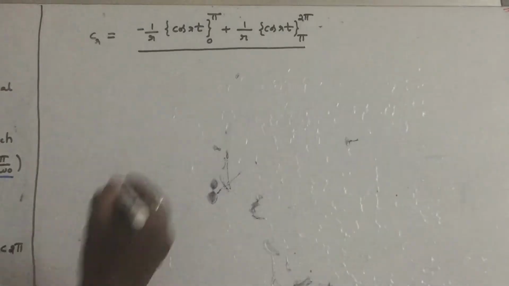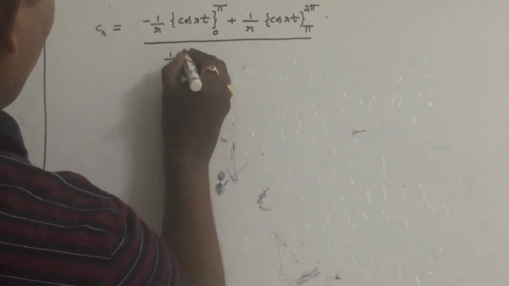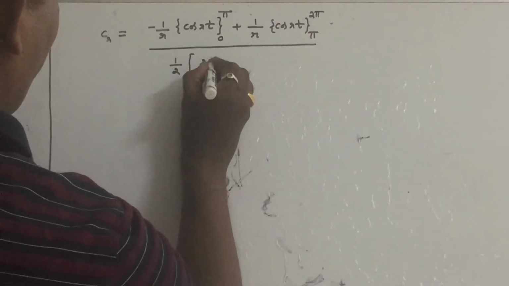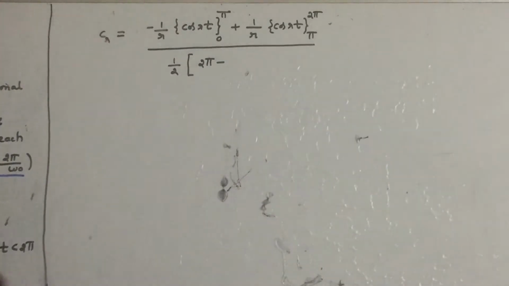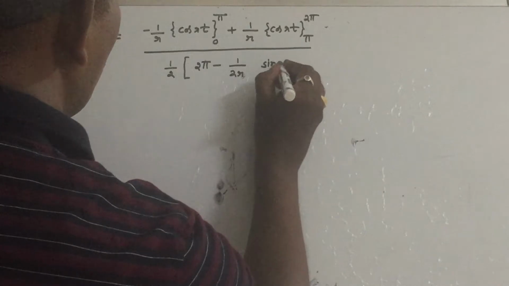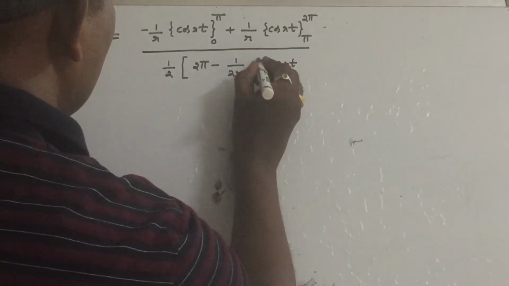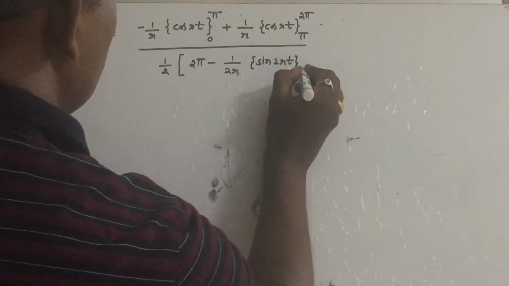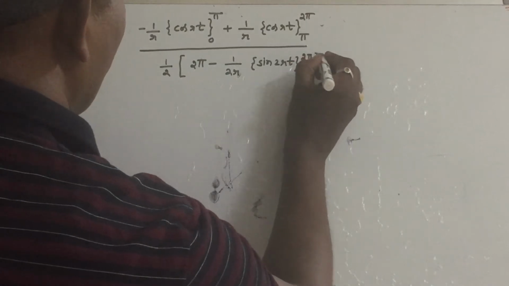The denominator is 1 by 2 into, the first integration answer is 2 pi, the second integration answer is 1 by 2r into sin 2rt, the limits are 0 to 2 pi.